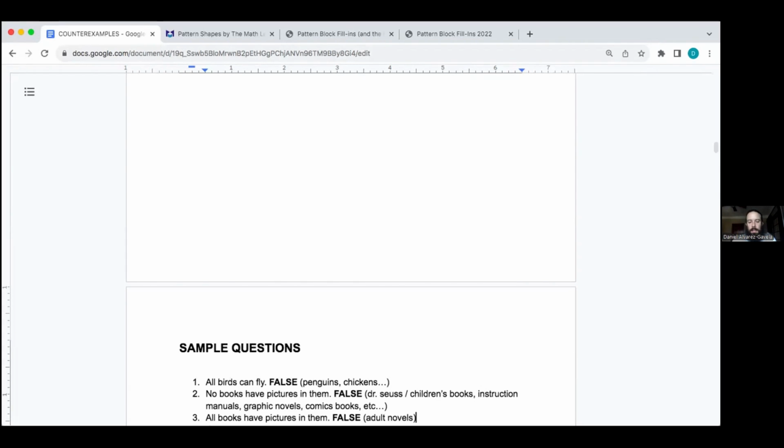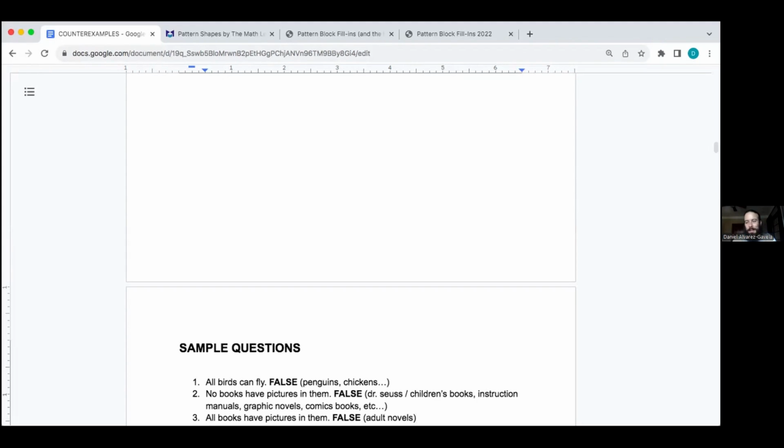And it's kind of interesting that both the statements "no books have pictures in them" and "all books have pictures in them" are false. And the counterexample, yeah, Braille books, totally, government publications, yeah.